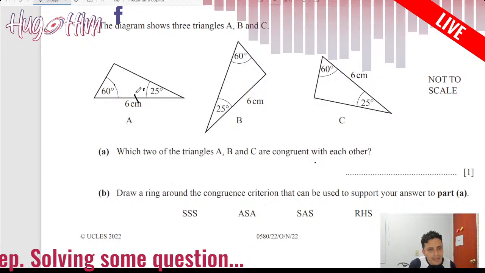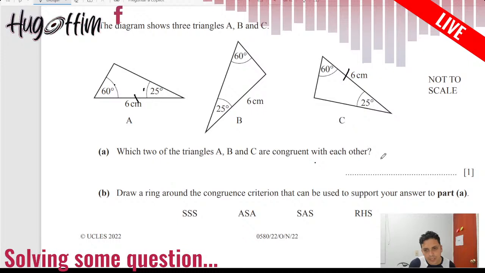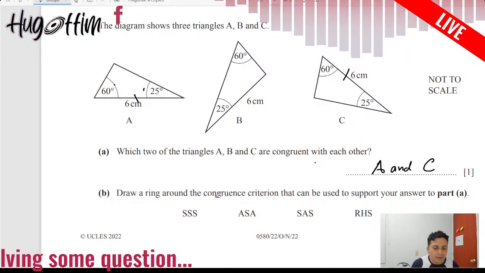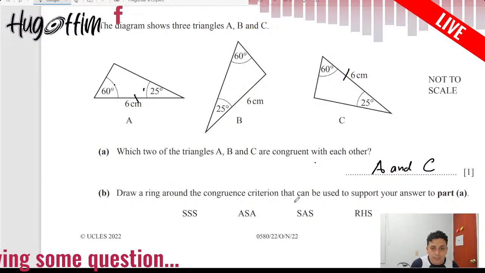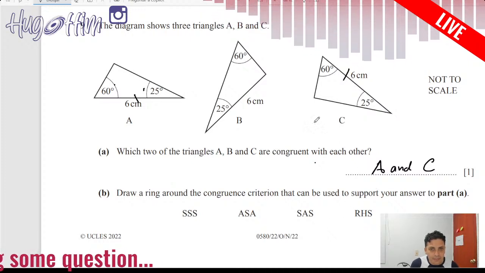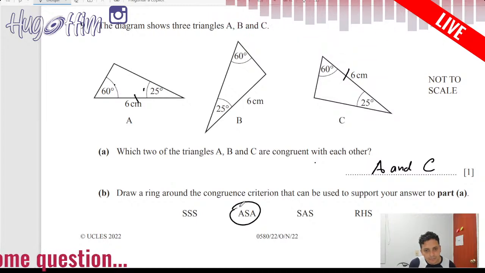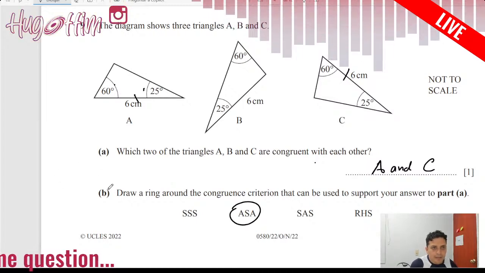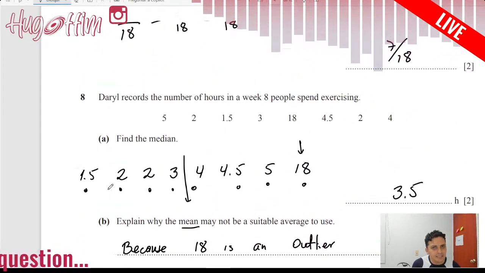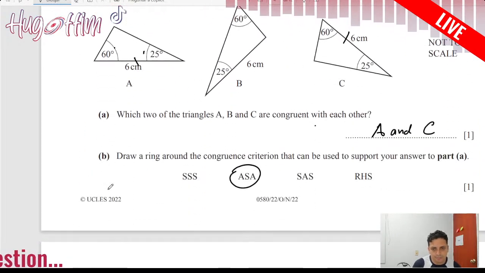However, the 6 centimeter side between the angles is in A and C. So A and C. Draw a ring around the congruence criterion that can be used to support your answer to part A. So the criterion is angle, side, angle. This one. Okay, page 3 has geometry, congruence, statistics, averages, and fractions.